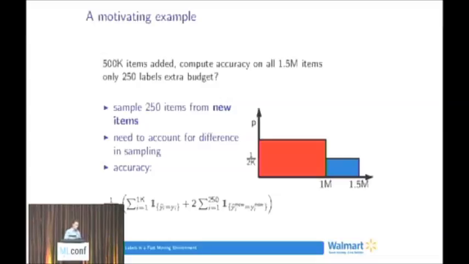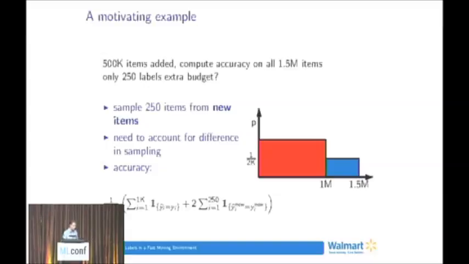And so when we compute the accuracy, what we can do is weight differently what comes from the initial sample and the next one. And how would you do that? Because we sample half as often the items from the new 500,000, we need to double the weight that we give to those items compared to the previous ones.